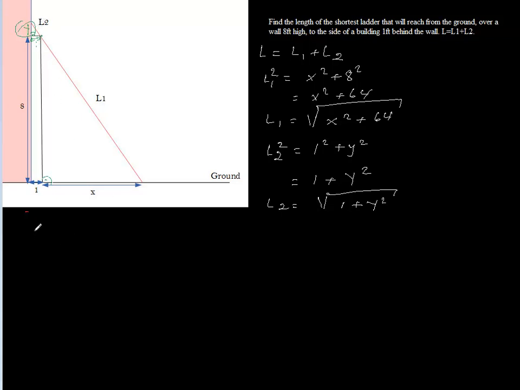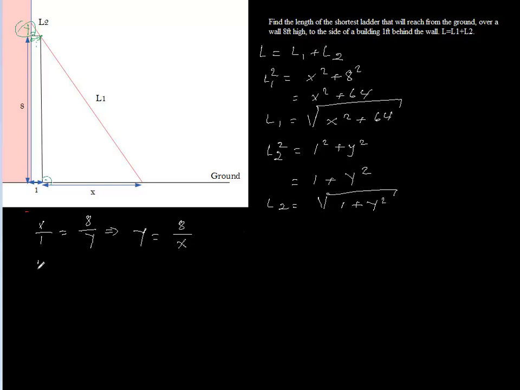Okay, so we can say that x over 1 is equal to 8 over y, meaning that y is equal to 8 over x. Okay, so now we know the value of y, we replace it here.